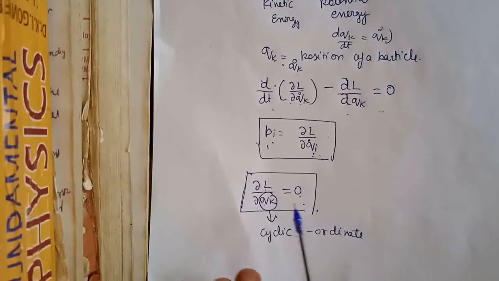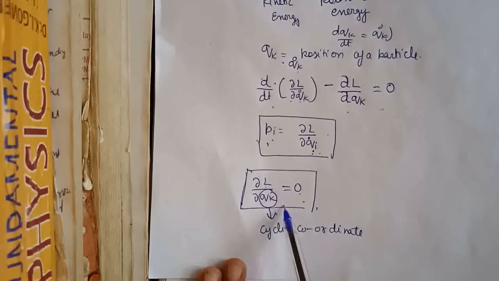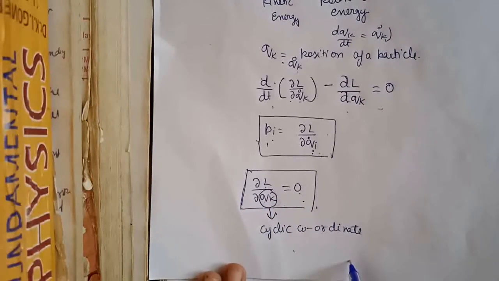And if the Lagrangian does not depend on a coordinate, then qk is a cyclic coordinate.